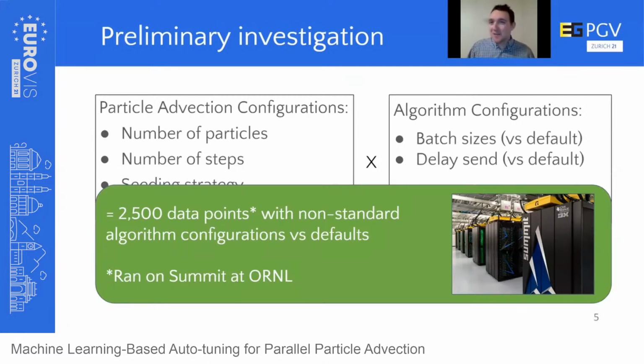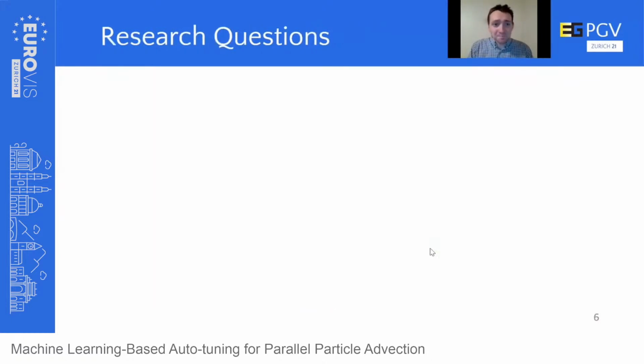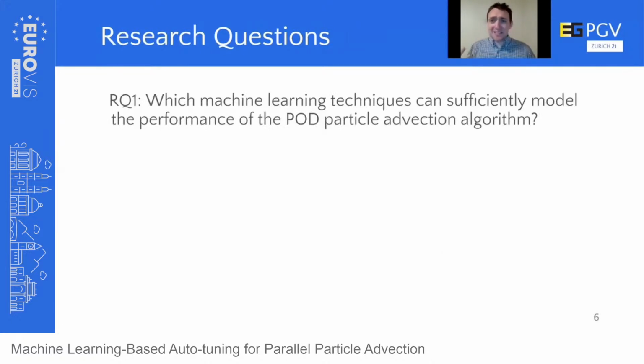They were run on Summit, a supercomputer at Oak Ridge National Laboratory in Oak Ridge, Tennessee, the United States. As a consequence of this, we were able to develop some research questions. The first of which was, can we maybe use machine learning to somehow model this behavior, which was not necessarily intuitive at first glance, in order to model the performance of this Parallelize-Over-Data particle advection algorithm?